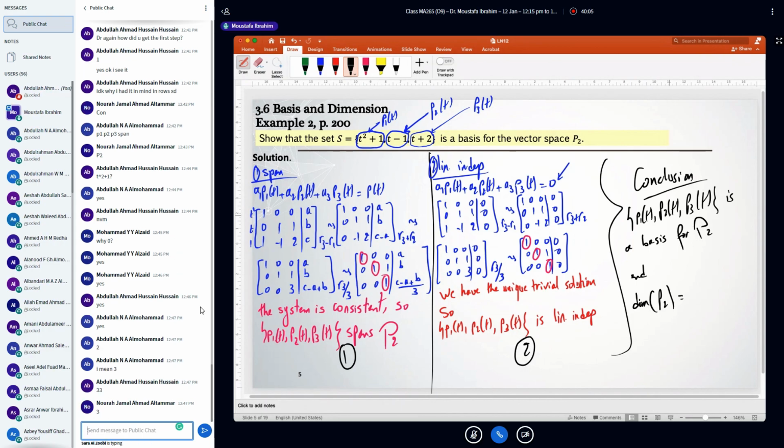Pay attention, yeah, it's 3. Very simple. 3. So you see, it's different than Rn. Dimension of Rn is n, but dimension of Pn, what do you think? It's n plus 1. Okay, guys?